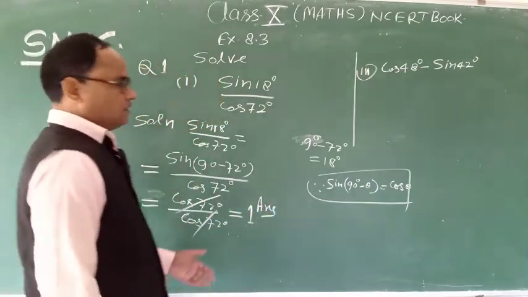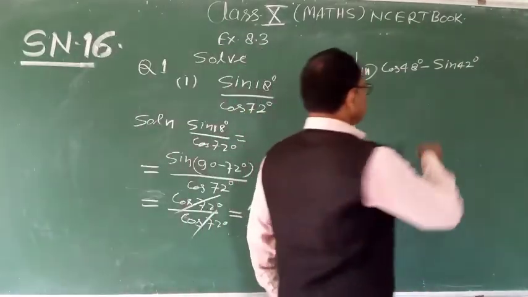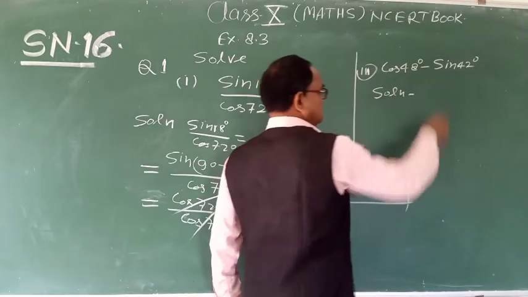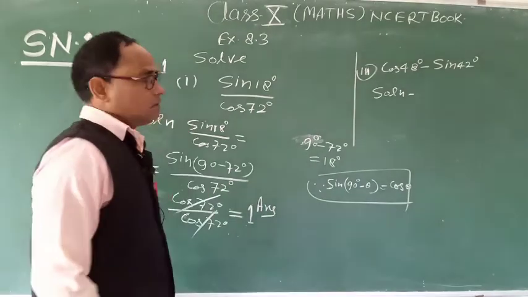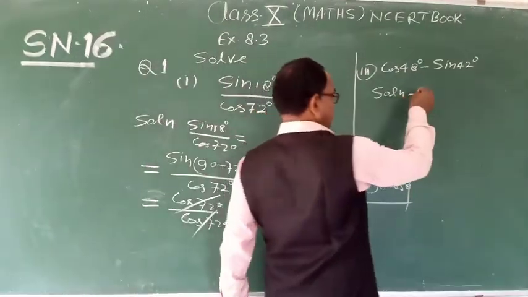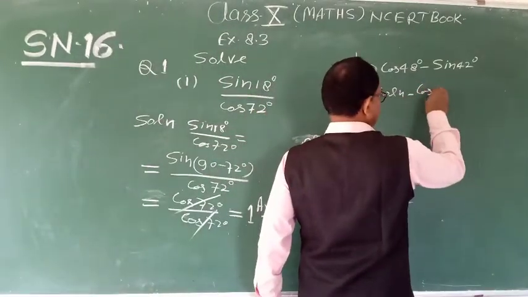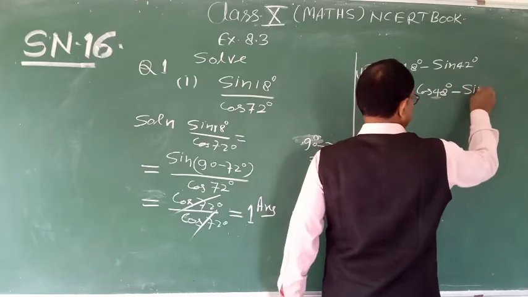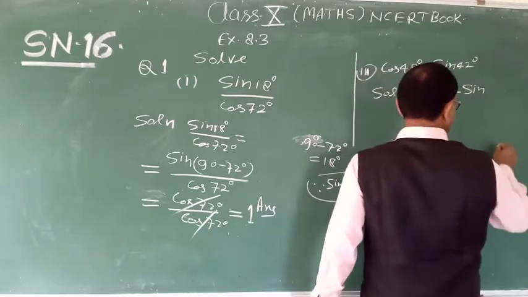Okay, student. Here is the solution for this. Here we can write cos 48 degree minus sin 42 degree.